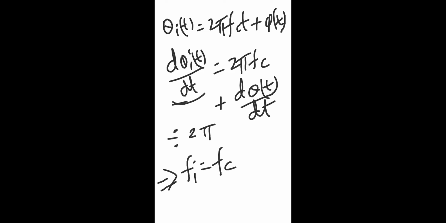From this you will get fc, then fc plus 1 by 2 pi d theta divided by dt. So now this is the final relation. Please remember this.